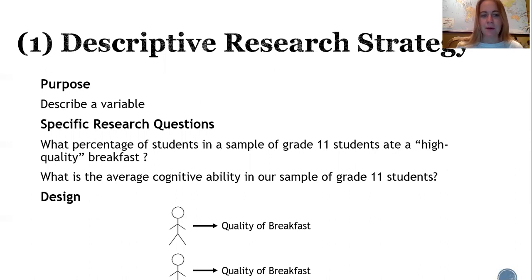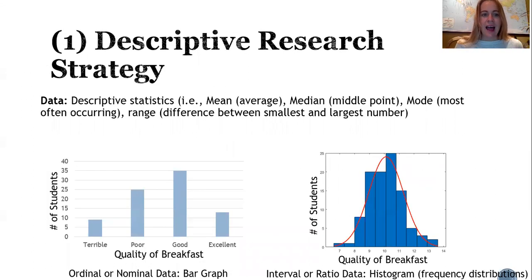So for example, maybe we want to know what percentage of students in grade 11 eat high quality breakfast. How we report that data and describe that data will depend on the kind of questions that we use and the way that we ask our participants.